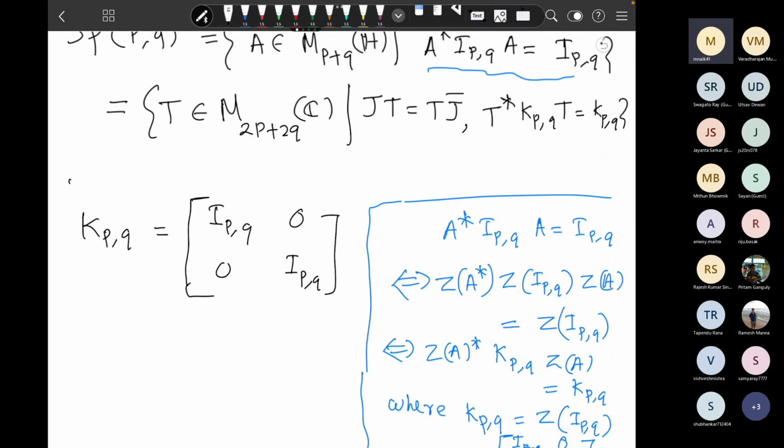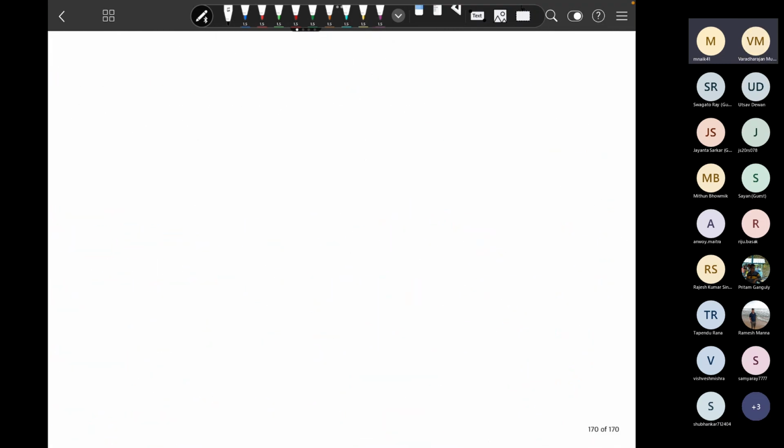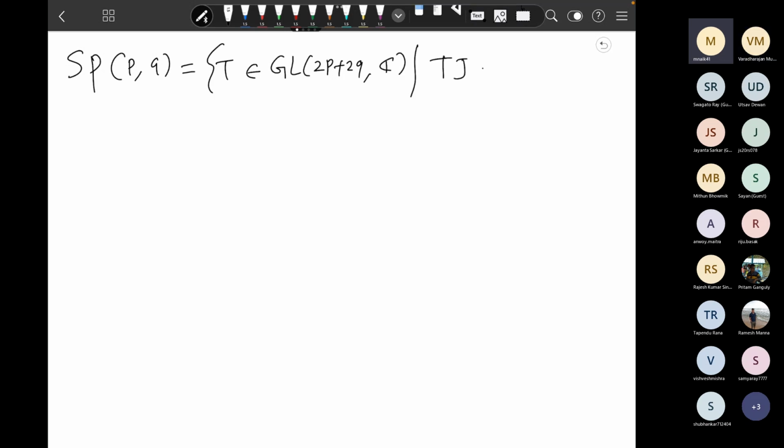Now let us go to the next page. So I will get, for SP(P,Q), T in GL(2P+2Q, C) such that TJ is equal to J T bar, and T star K_{P,Q} T is equal to K_{P,Q}.